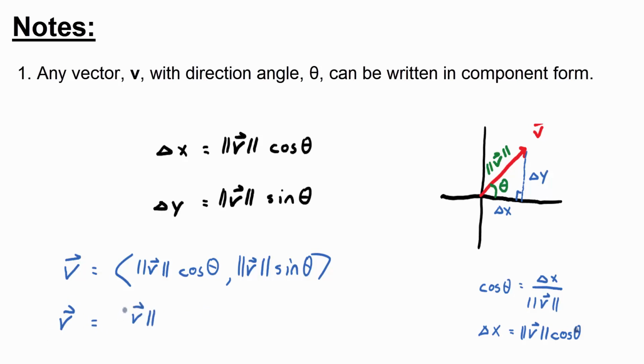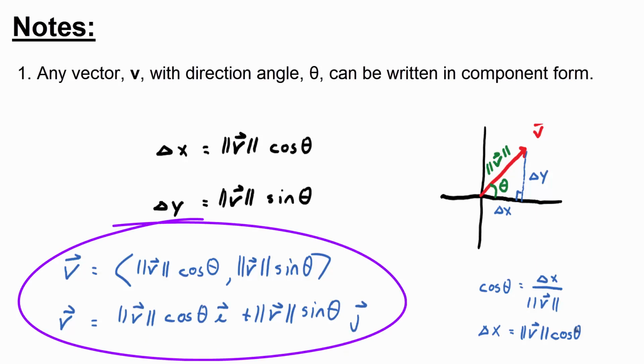Magnitude v cosine theta times the vector 1, 0, which is i, plus magnitude v sine theta times j. These both represent the same thing in different forms.